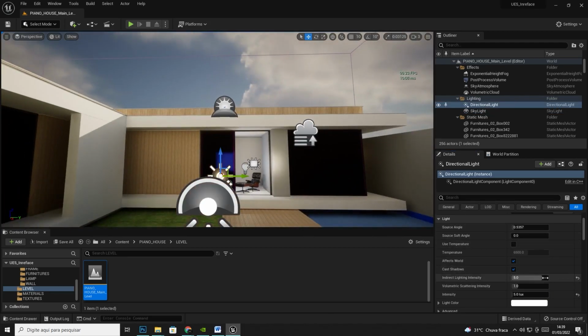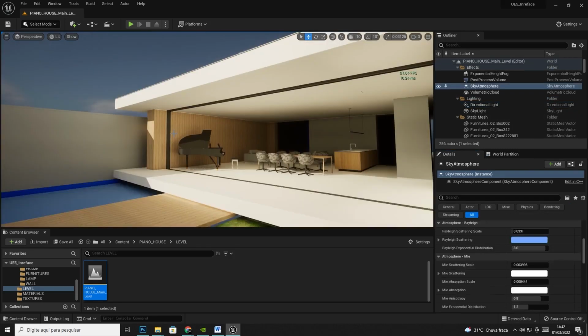All right, the directional light as well. The intensity, we chose 5, and the intensity of the direct light also 5. Obviously, there's a limit between getting a realistic aspect and getting an aspect not that realistic.